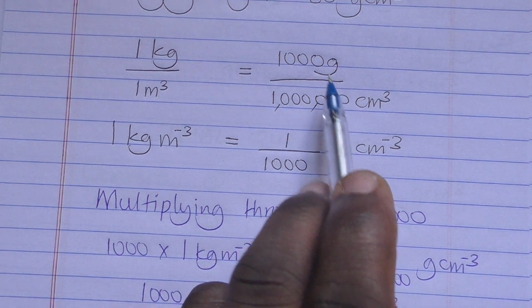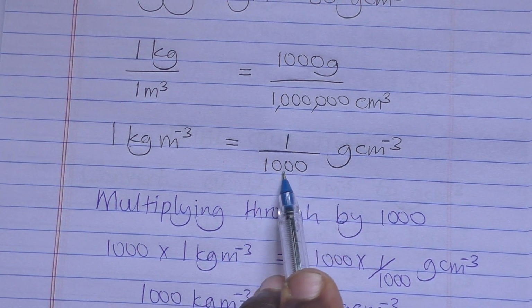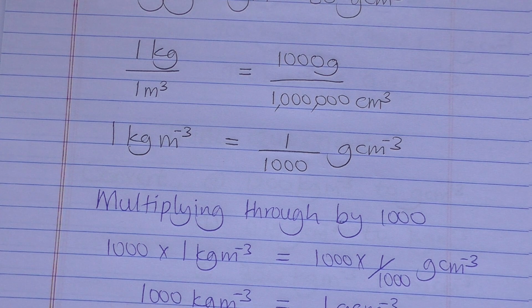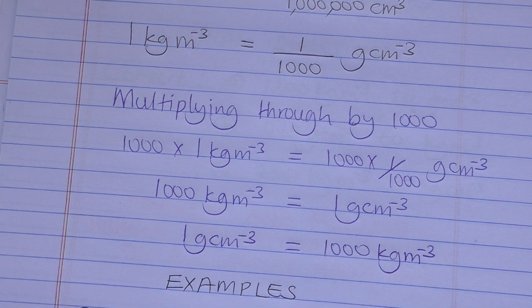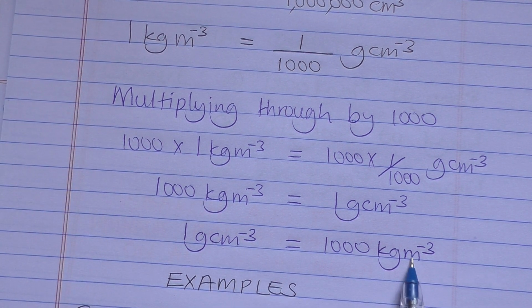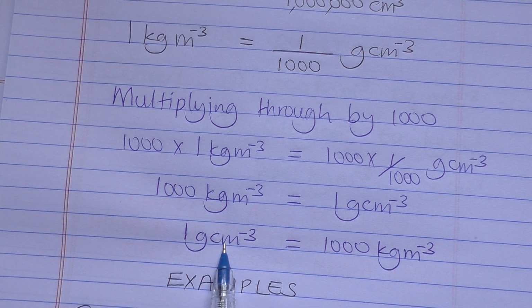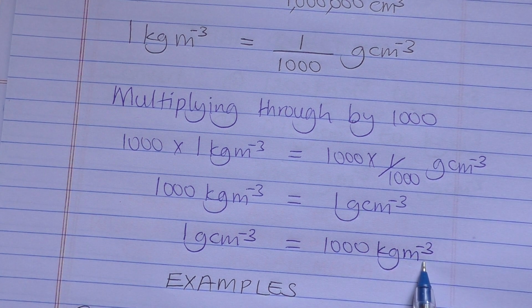So this 1 million reduces the 1,000 grams to 1 over 1,000. So in this conversion, the determinant is majorly the centimeter cubed and meter cubed. That's why we have 1 gram per centimeter cubed being equivalent to 1,000 kilograms per meter cubed.